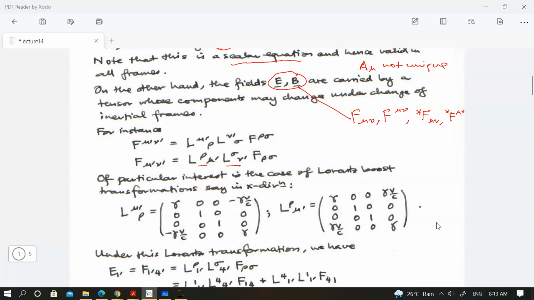So I hope you still remember why we have the dash. The dash is just like using a different coordinate system. So x mu dash as functions of the old one. This is just the same thing as if we introduce y mu instead of x.